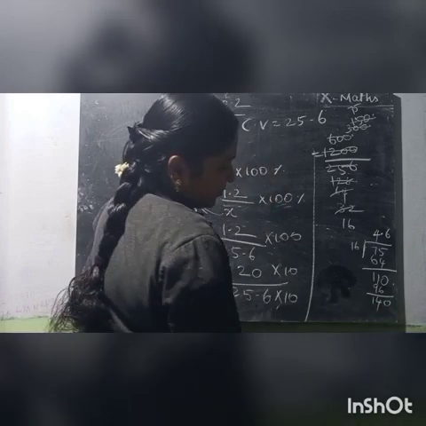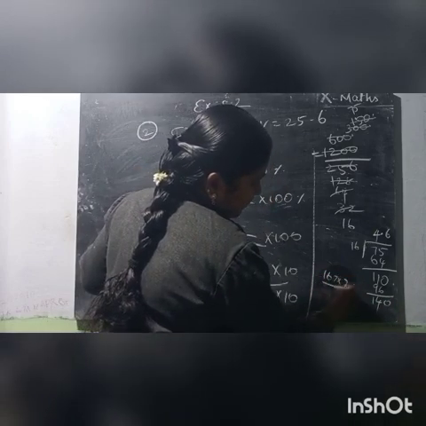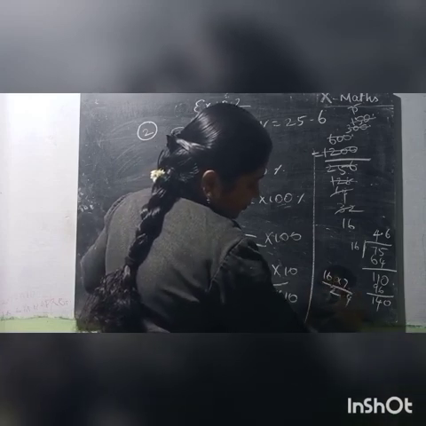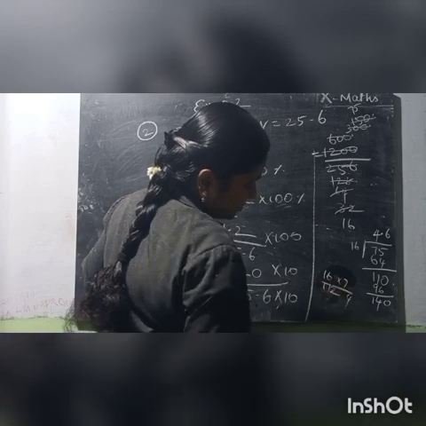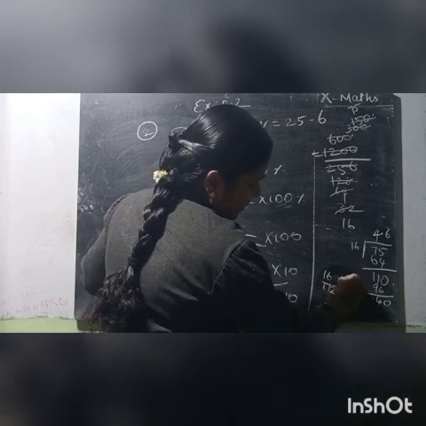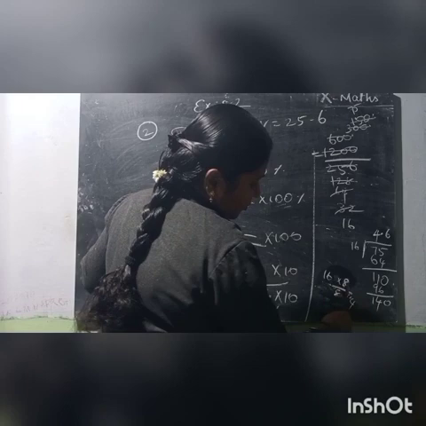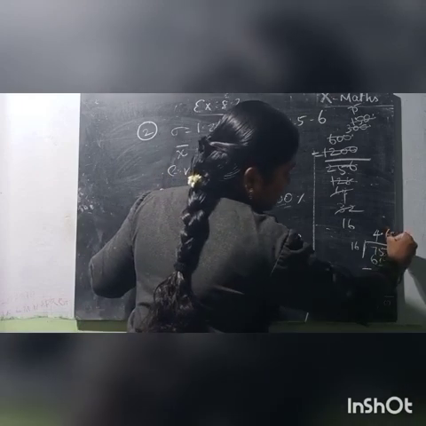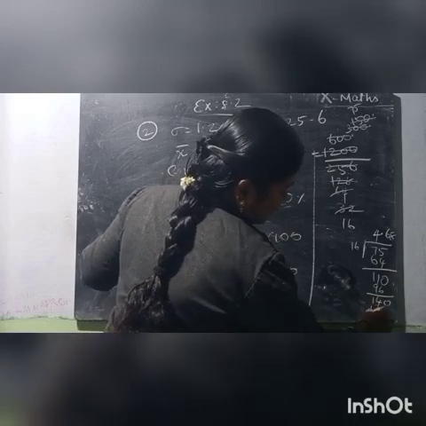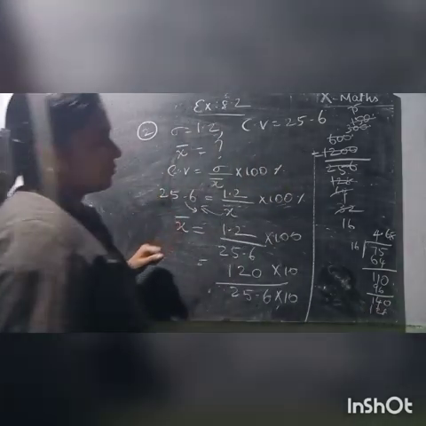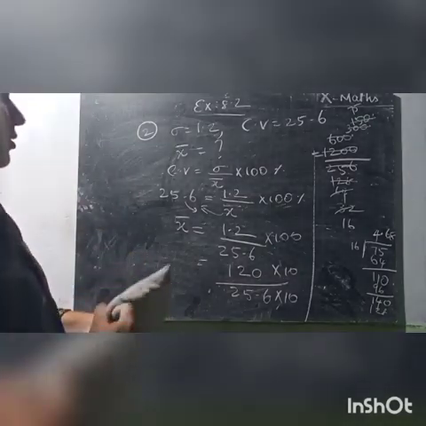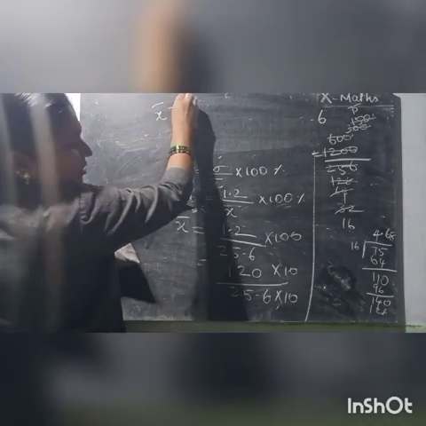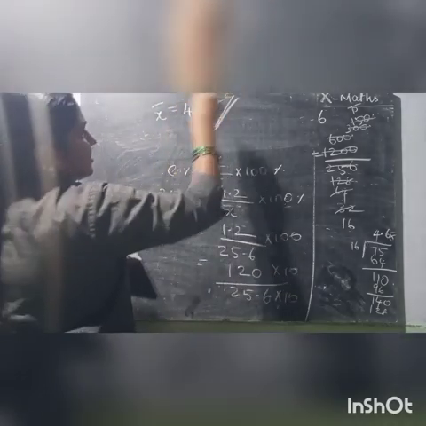Again 0. 7 times 112, so 8 times we can check. 8 times 16 is 128. So in 8 we are getting the answer. So x bar equals 4.68.